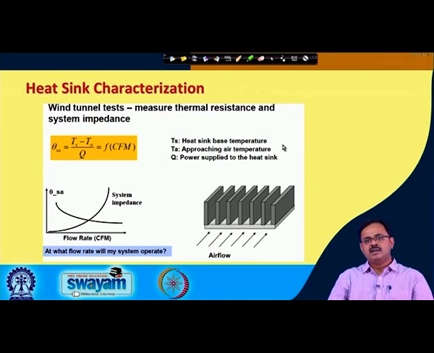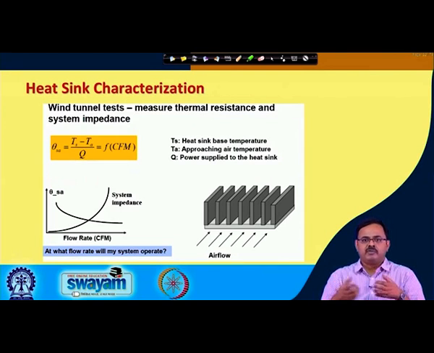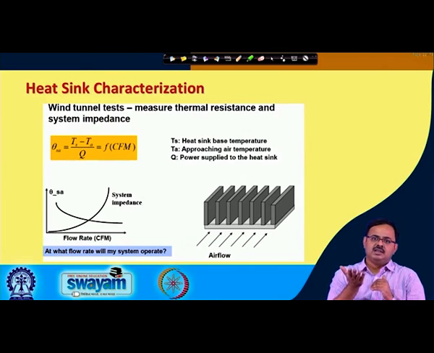From the very basic theory of conduction and convection, we know that theta is going to be delta T over Q. So if we increase the power input, the delta T, which is the temperature difference between the heat sink and the ambient, is going to go up proportionately. Especially for forced convection, that is a very safe assumption.